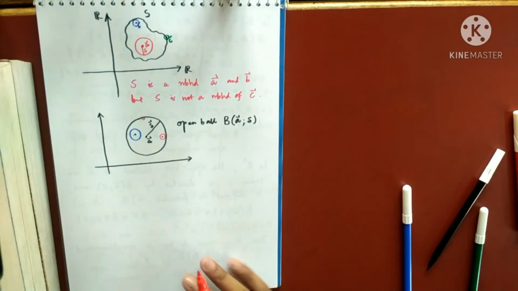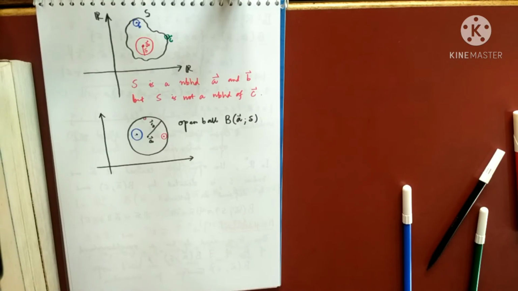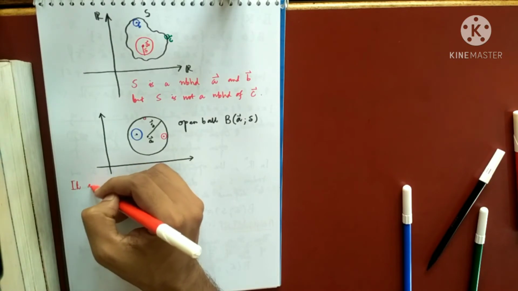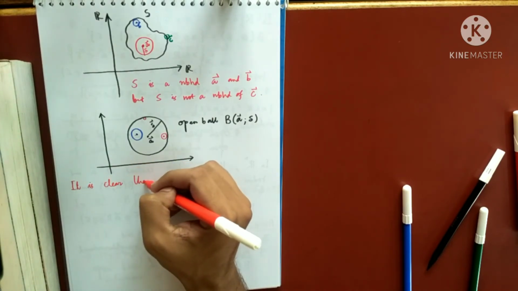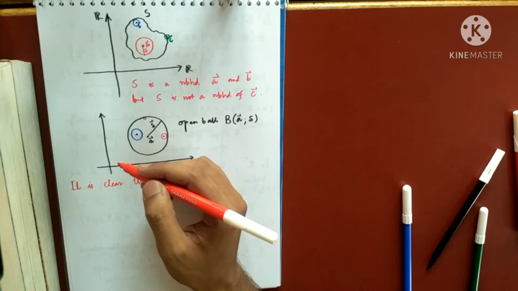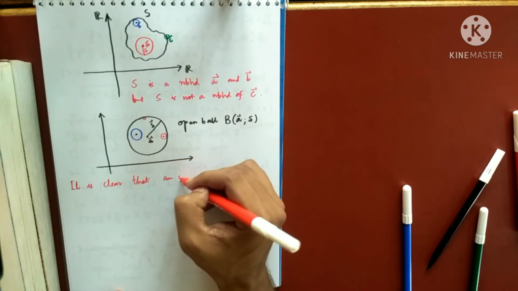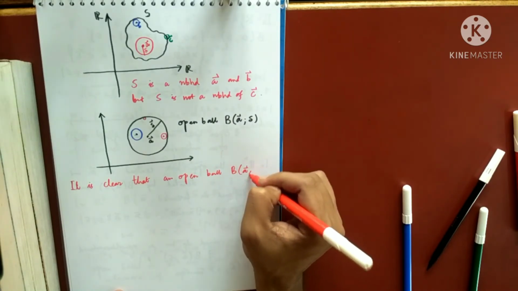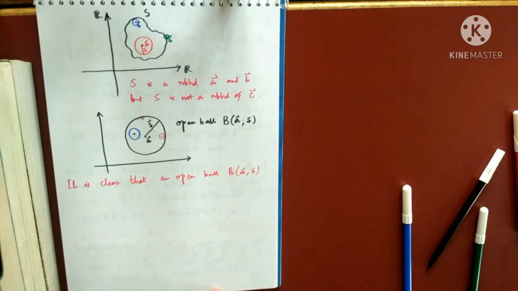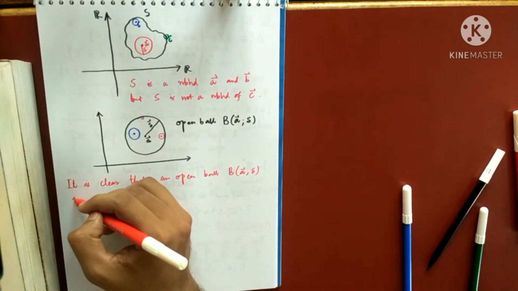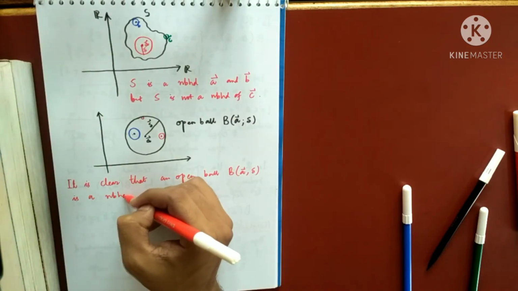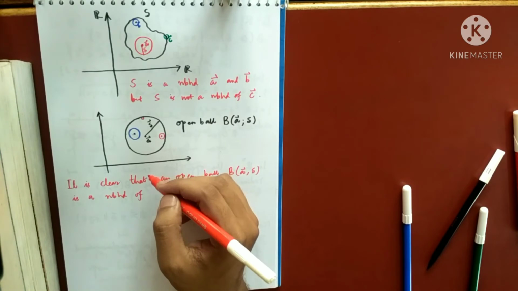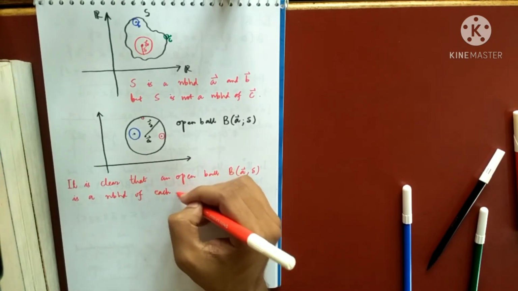So I'll just write that. I'm just talking about R2, but this can be generalized to Rn. Just try to visualize for R3 as well. So it is clear that an open ball B(A, delta), I'm talking about Rn, not just R2, is a neighborhood of each of its points.